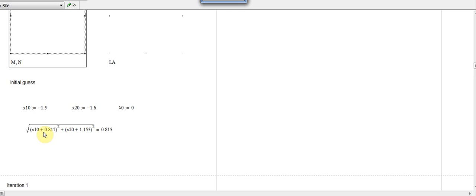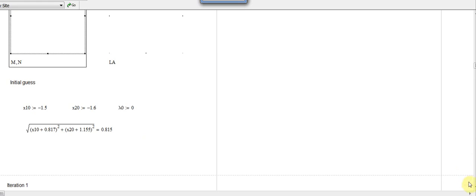Now, this is a spoiler, the true solution is minus 0.817, minus 1.155, and I'm showing that to show how far away our guess is from the true solution. And this is the distance from the true solution.